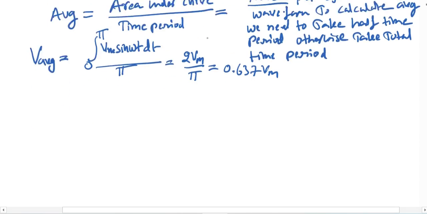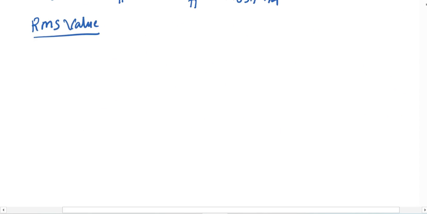Now we'll go for another terminology. It's called RMS value, or root mean square value. To understand what the RMS value is and why we need it, let us consider this is my DC system with a simple resistance R. Suppose the voltage is 5 volts, and this is a resistive circuit, so it is going to dissipate energy, producing heat.